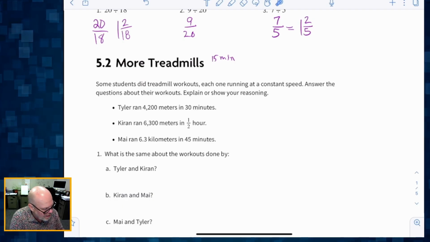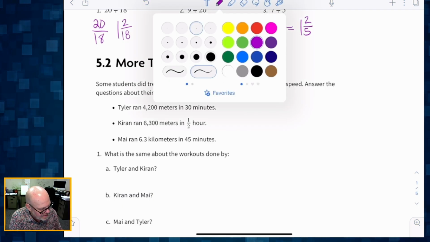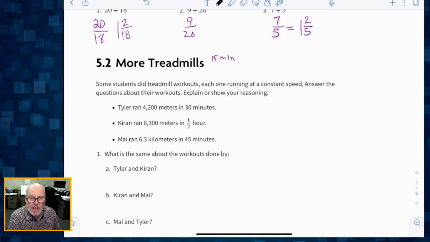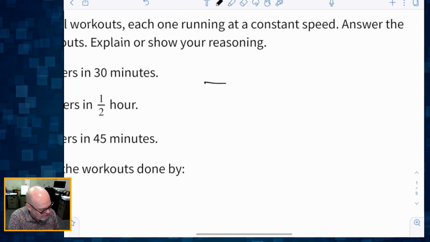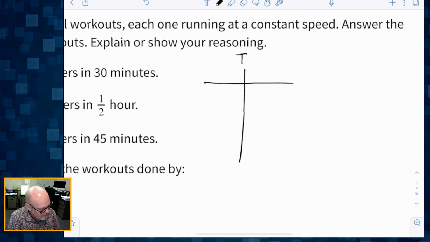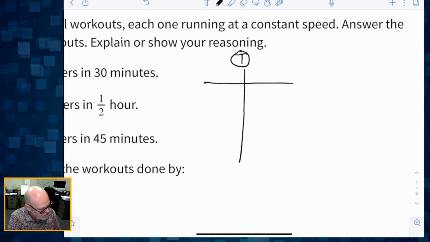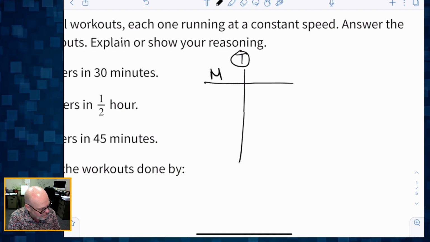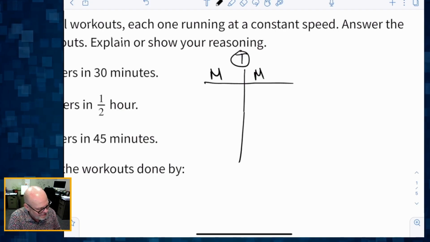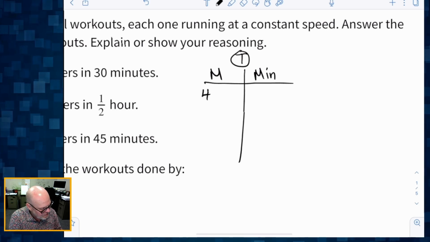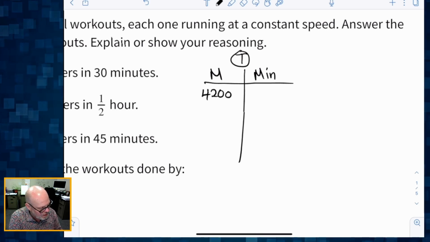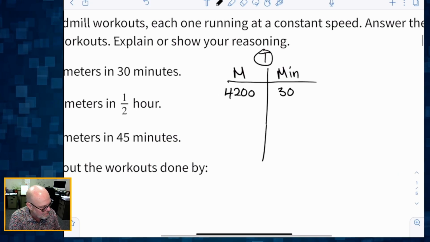So let's start by making some tables. I'm going to make a table for Tyler, and we're going to do meters and minutes. So he did 4,200 meters in 30 minutes.